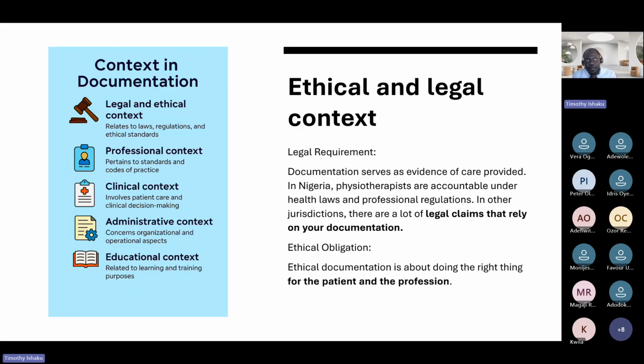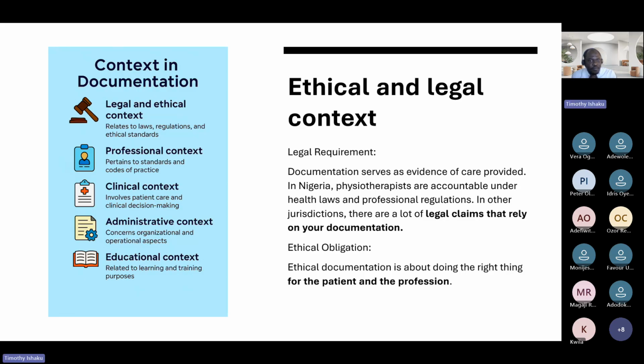So think of whatever you're writing, the patient can have access to it. And certainly in Nigeria, physiotherapists are accountable under those health laws and professional regulations. There are also the ethical obligations, where we talked about accountability, and failure to document can be considered negligence.